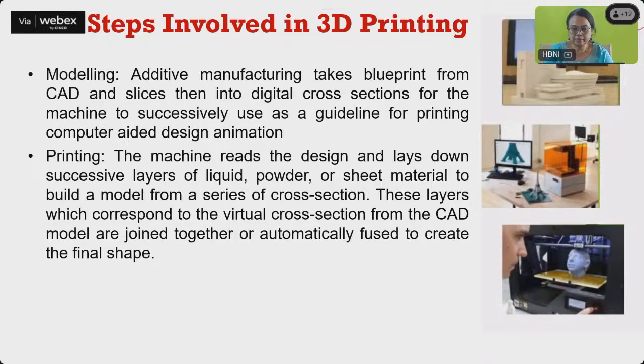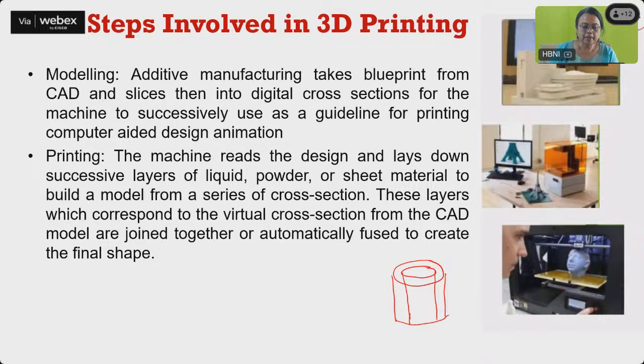So what are the steps involved? You can have modeling, where additive manufacturing takes the blueprint from CAD and slices it into digital cross sections. Say I want to deposit a hollow cylinder. In between it is hollow.